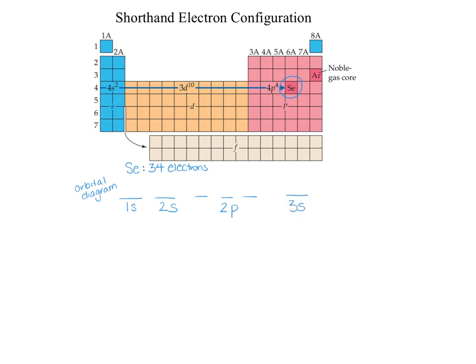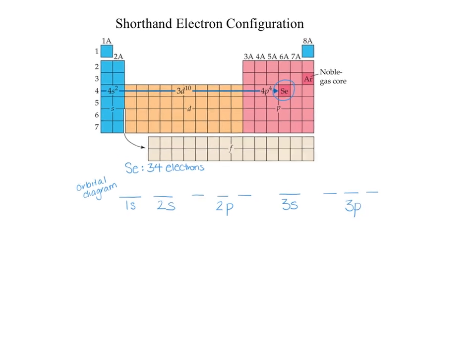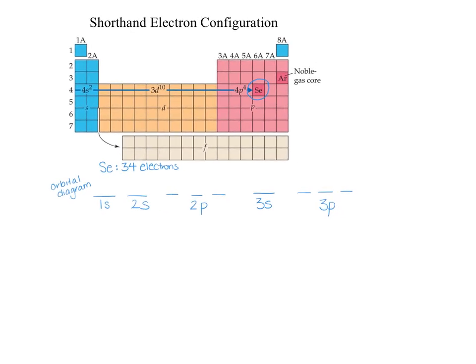Okay, I keep using my periodic table trying to get to selenium, and over here is 3p, and I know 3p has 3 orbitals because it's p. And now I'm still following along. I've gotten through the 3p. Now I've got to go through 4s, 3d, and 4p.